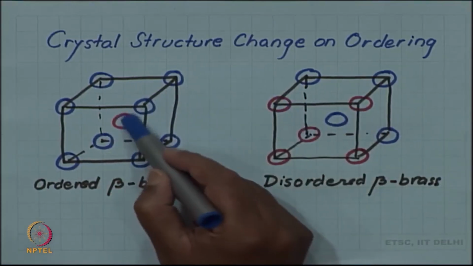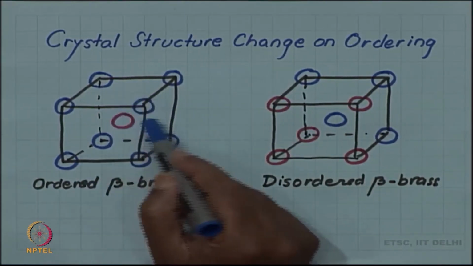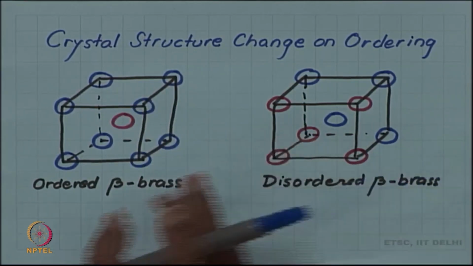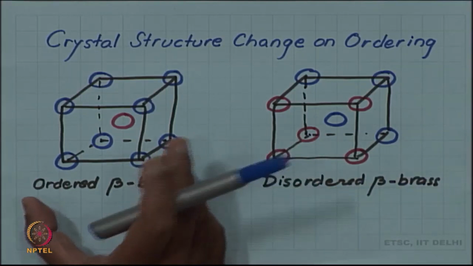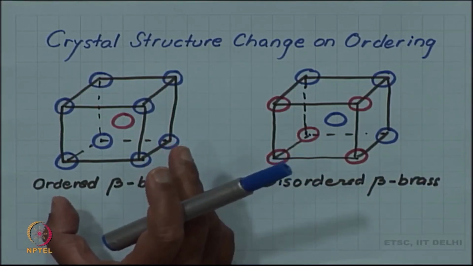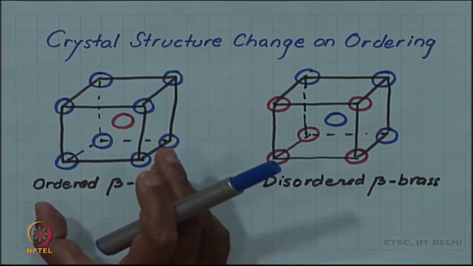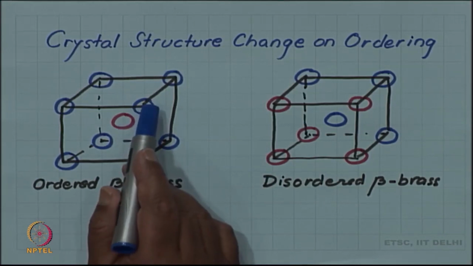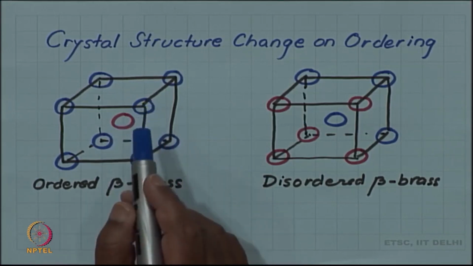We can make the copper atoms as corners, which will make the zinc atom in the center. So, in this ordered beta brass, the unit cell and the crystal structure cannot be called body centered cubic, because the body centered atom and the corner atom are not identical.